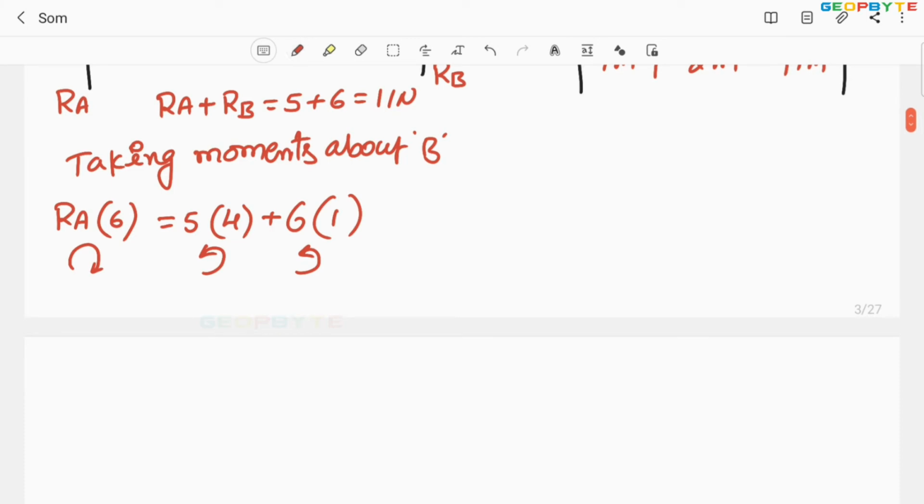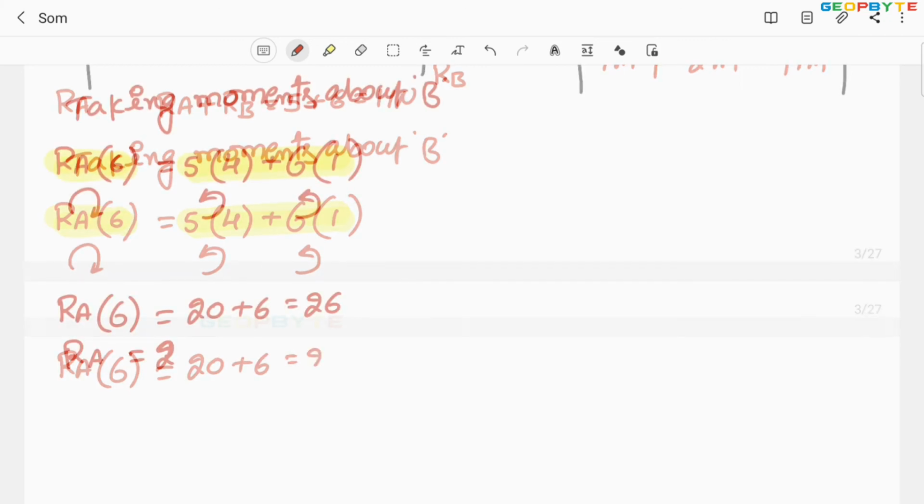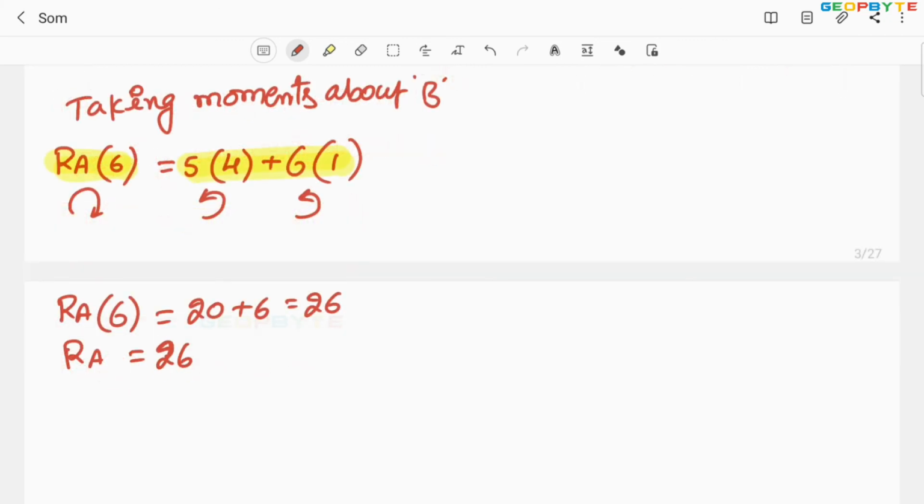Just I have equated the clockwise moment with the anti-clockwise moment. Then RA into 6 is equal to 20 plus 6, 26. 26 by 6 is around 4.34 newtons.